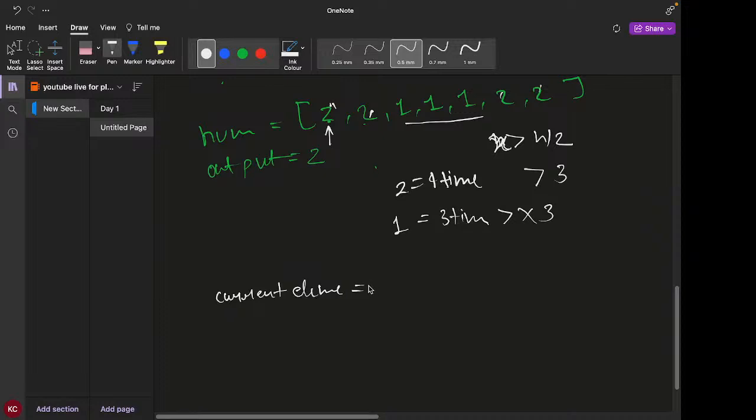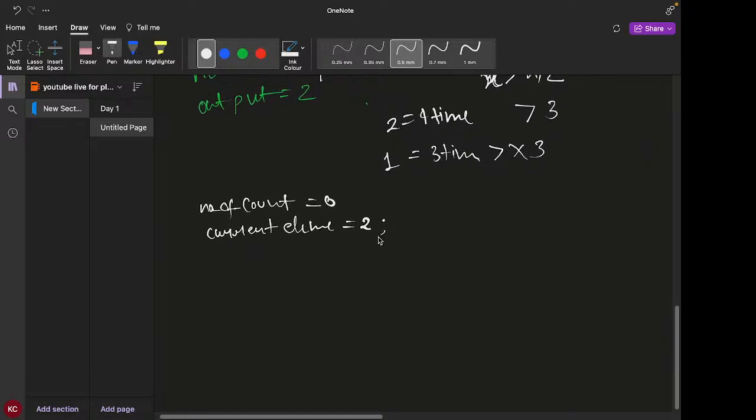The current element should be the first number, and the count is equal to 0.